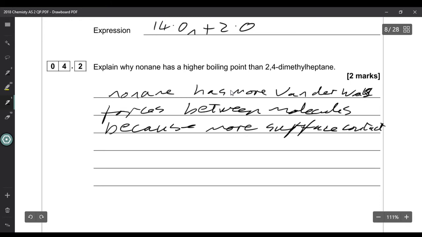So because there's more points of interaction in nonane than 2,4-dimethylheptane, there's going to be more van der Waals forces, which of course require more energy to break and pull them apart.